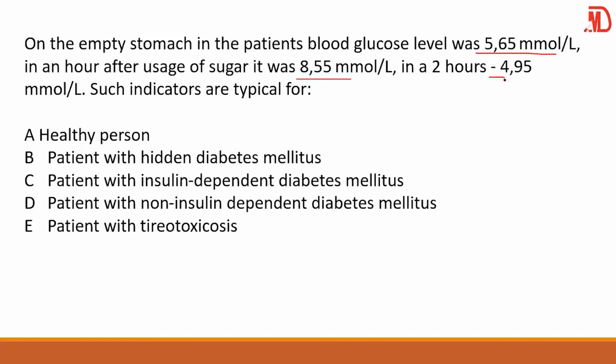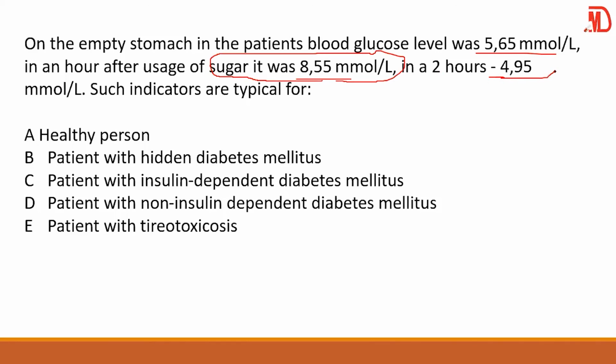Now, after eating, of course, if you take too much sugar, at that time the sugar level will go high. But after 2 hours, when the sugar has been digested and absorbed, it gets within normal, 4.9, almost 5. And we said the normal range is from 3.5 to 5.5.